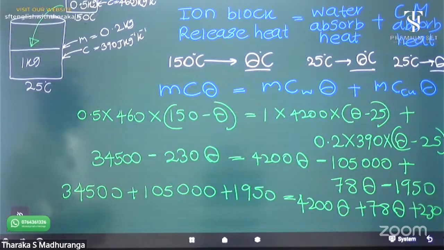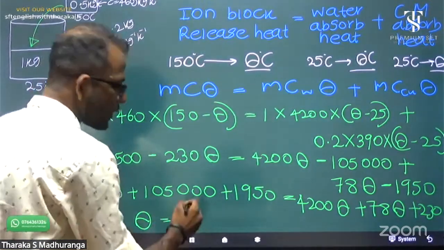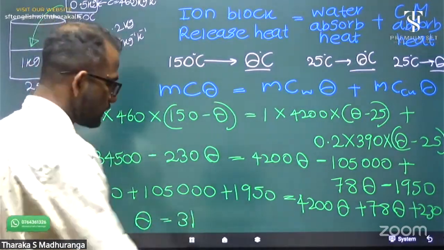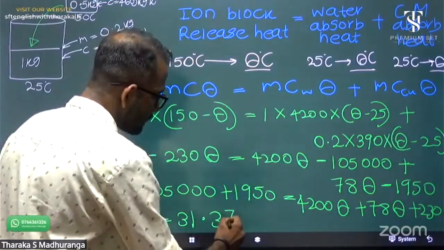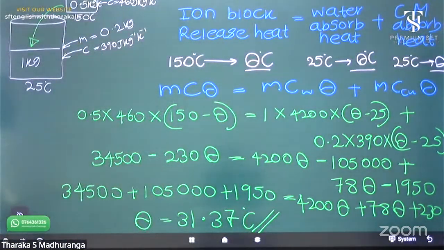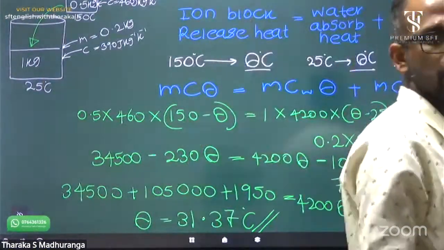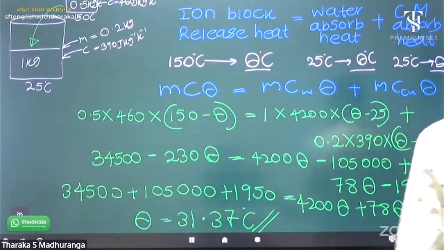What's the final temperature? Thirty-one point 37. Yes, 31.37 Celsius is the temperature.